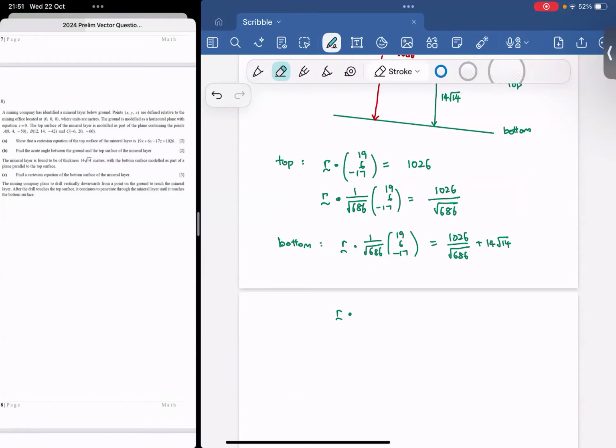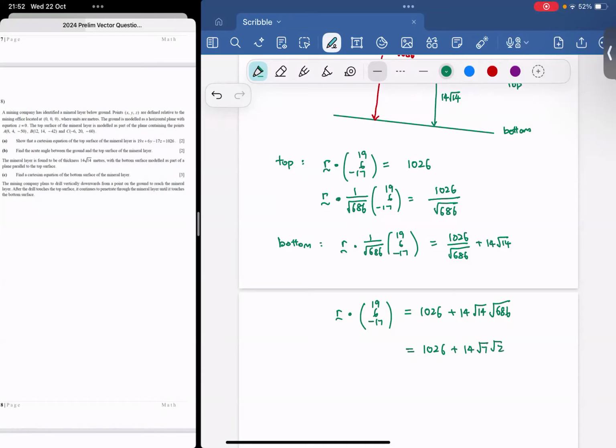Now we multiply back square root 686 to make it nicer. 1026 plus 14 square root 14 times square root 686. 686 is actually square root 14 times 49.